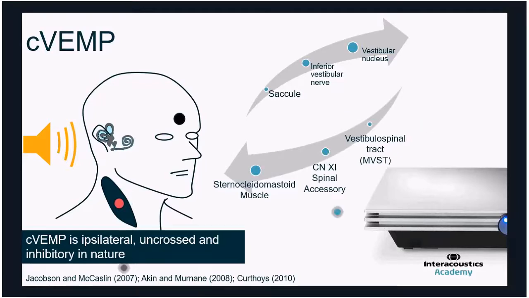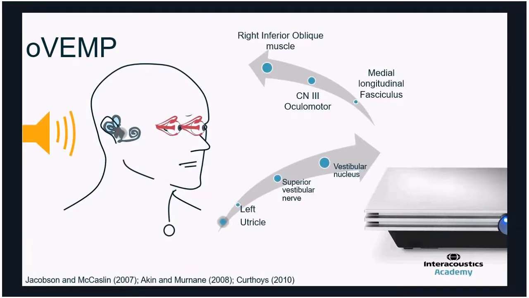Now with oVEMP, we again have stimulation either acoustically or by vibration, and that is a slightly different response. If we're looking at the left utricle, the pathway here is through the superior vestibular nerve up to the vestibular nuclei, and then through the oculomotor nerves to be measured on the opposite eye.